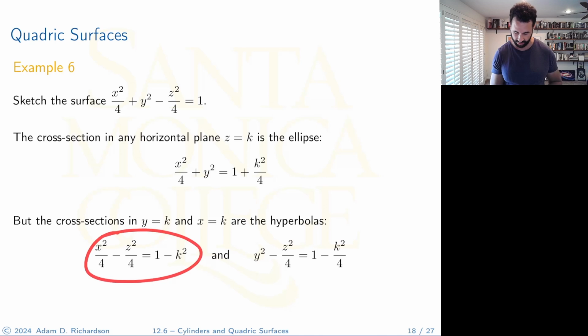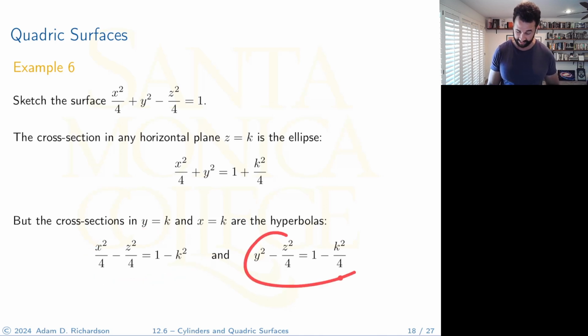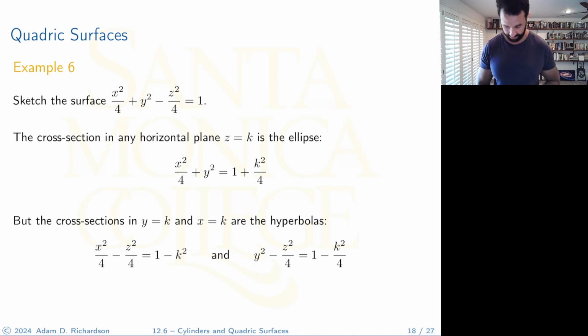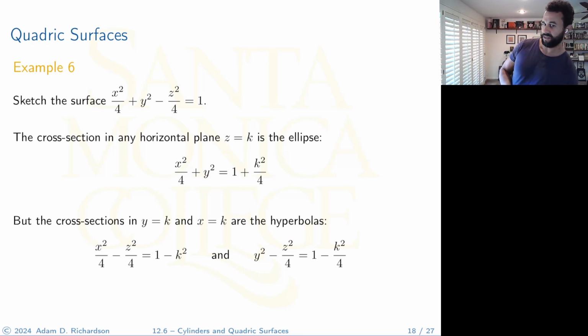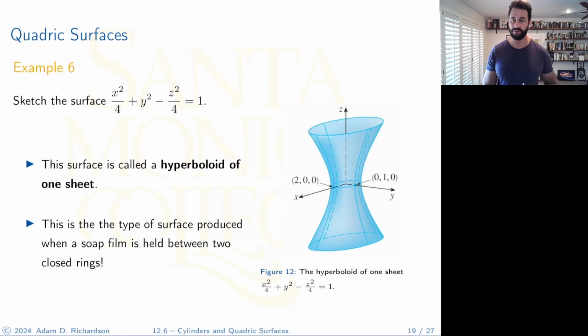In this case, I get a hyperbola, and in this case, I also get a hyperbola. So if you look at it from the top or the bottom, what you see are ellipses. But if I look at it from this side, or if I look at it from this side, I see hyperbolas. Oh, yeah, exactly. And so this is what we call a hyperboloid of one sheet.